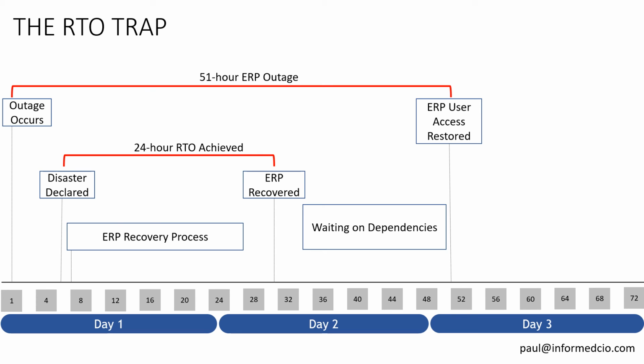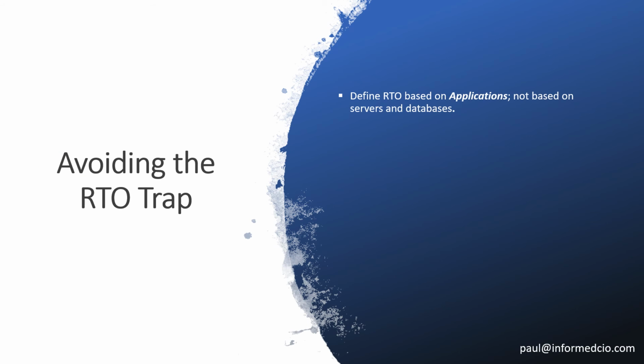So let's talk about how to avoid the RTO trap. The first thing is make sure the RTO is always based on applications and it's not based on servers and databases. And the reason I say this is I've talked with customers before that have worked with different managed services providers over the years.